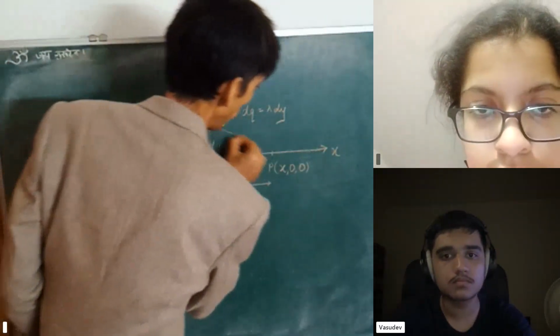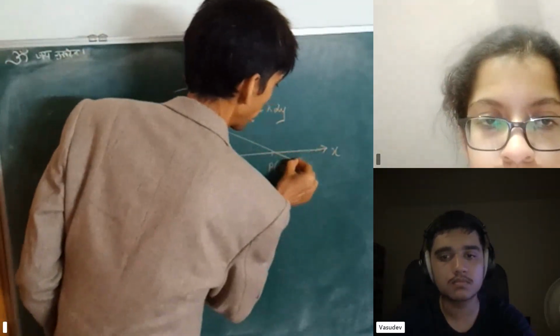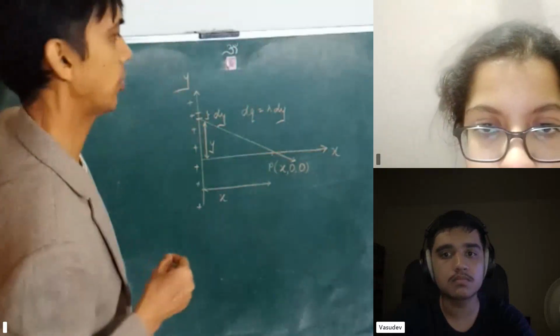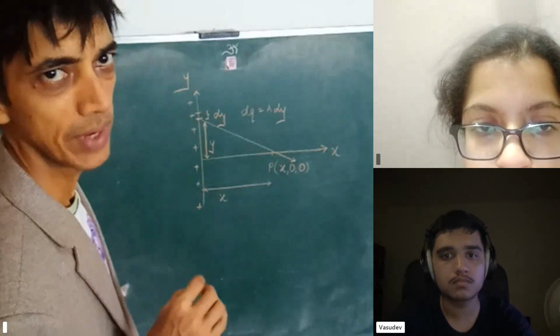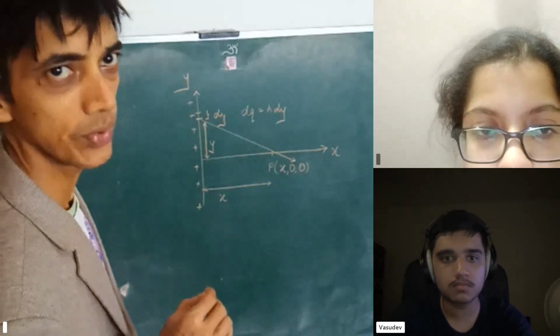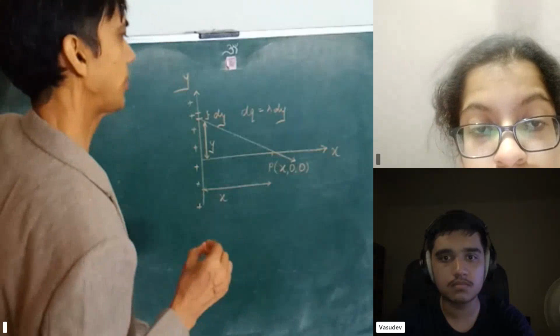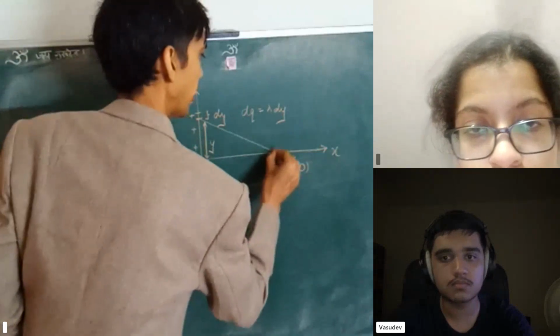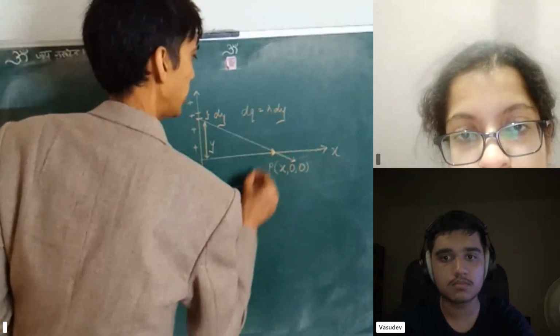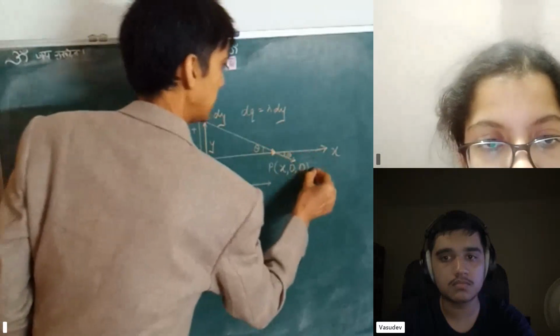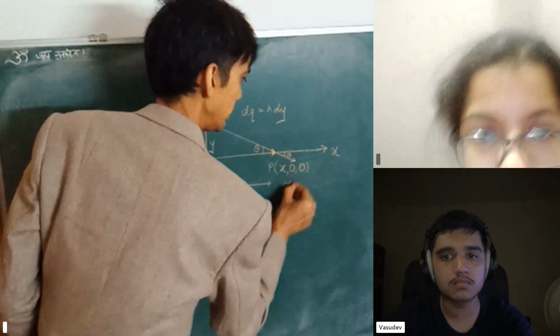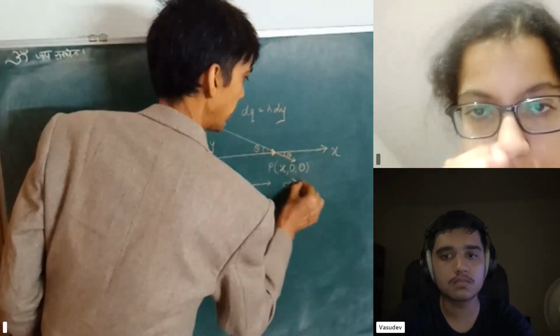For field, the direction is obvious, because the test charge is always positive. I've indicated already about the test charge being positive. We take it positive in general, unless stated otherwise. So what do we do over here? This angle is theta. This will be the dE vector, mind you. The dE vector is in this direction, fine.